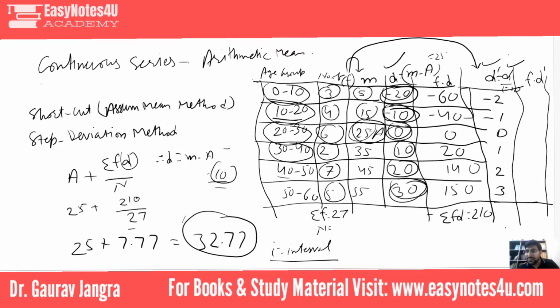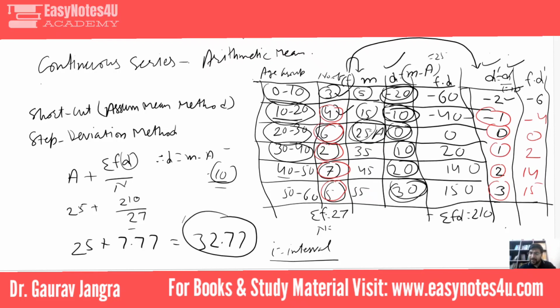So what will be the total value? Frequency 3 multiplied by minus 2 is minus 6, 4 multiplied by minus 1 is minus 4, 6 multiplied by 0 is 0, 2 multiplied by 1 is 2, 7 multiplied by 2 is 14, 5 multiplied by 3 is 15.